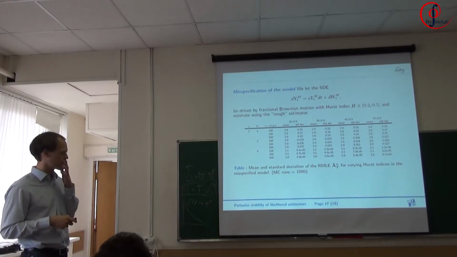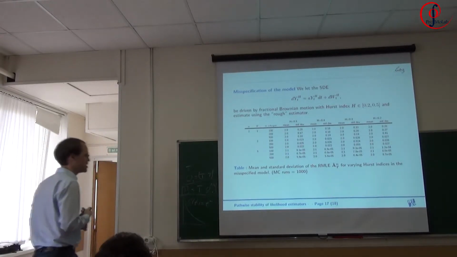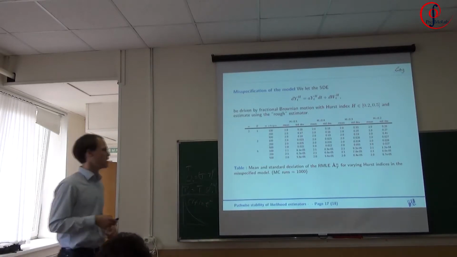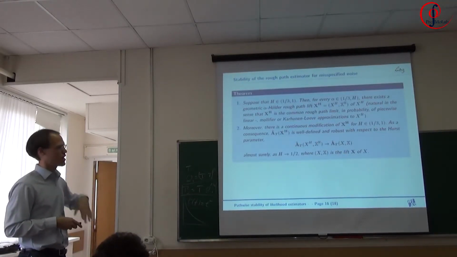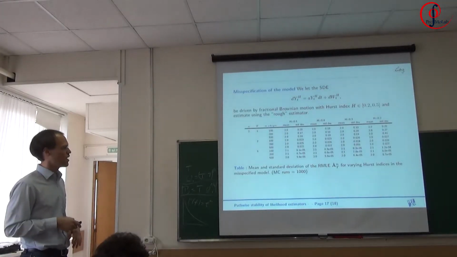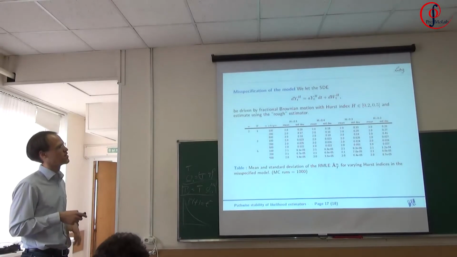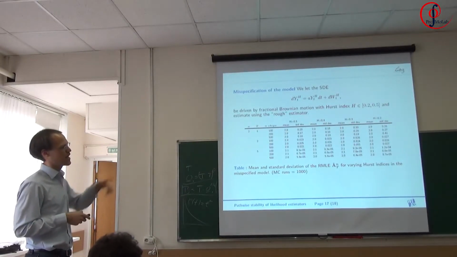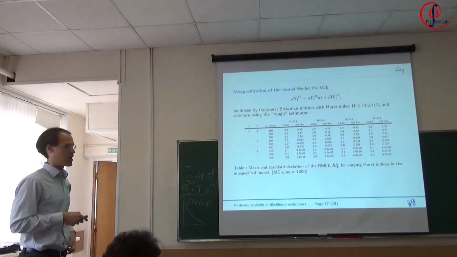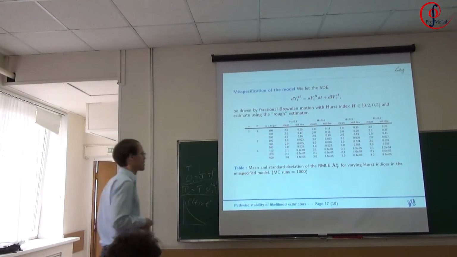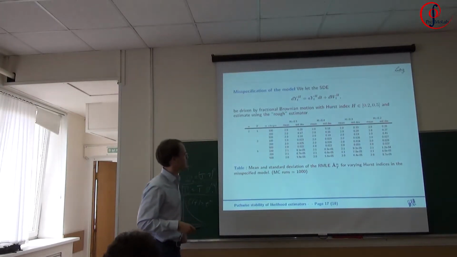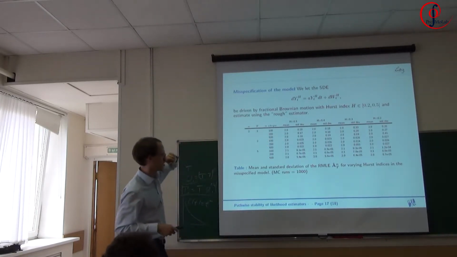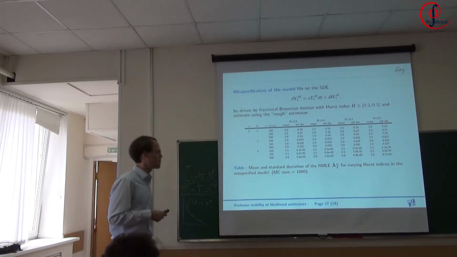Okay, so here's a numerical example where you see that it's always a good idea to use these Stratonovich integrals, because the stability seems to go much further than this convergence result tells us. So here I have simulated a one-dimensional SDE, this is a simplification, but the point here is that we have first indices H which are very far away from 1/2, and we see that even for very short observation intervals and relatively few observations, we see here the mean over 1,000 Monte Carlo iterations of our estimator and the standard deviation.